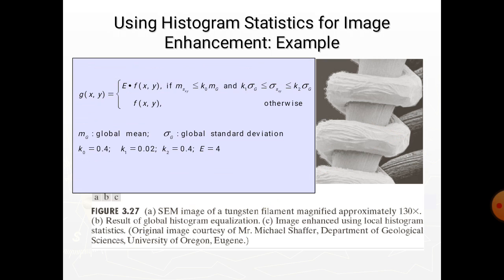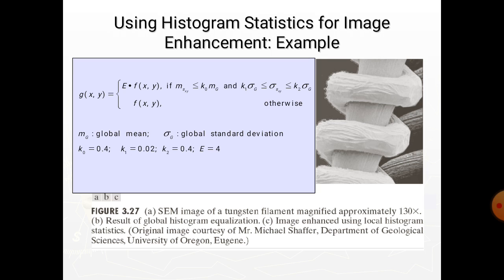We also need a measure to determine whether the contrast of an area makes it a candidate for enhancement. So we will consider the pixel at a point (x,y) as a candidate for enhancement if σ_Sxy ≤ k2 σ_G, where σ_G is the global standard deviation and k2 is a positive constant.